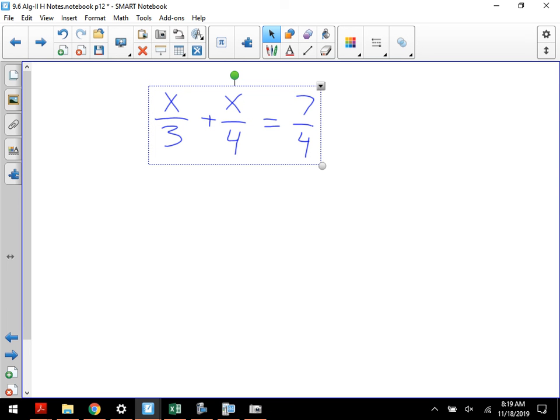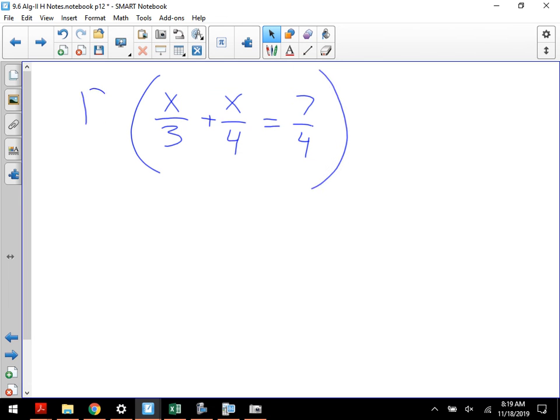What's the smallest number that both 3 and 4 go into? 12. So if I multiply everything by 12, and I'm distributing that 12 to all pieces within there, you have 12 times x over 3, plus 12 times 4.